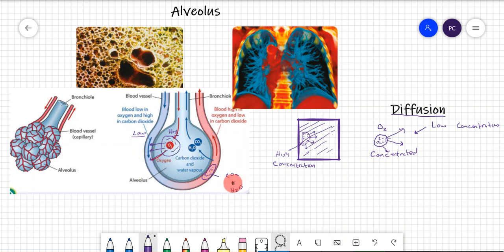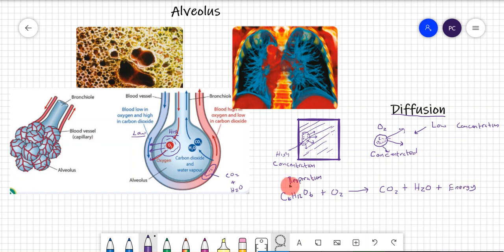And remember, if we think about the formula for respiration, we have C6H12O6, which is glucose, plus oxygen, and that's going to give us carbon dioxide, CO2, plus H2O, which is water vapor, plus we're going to get energy.